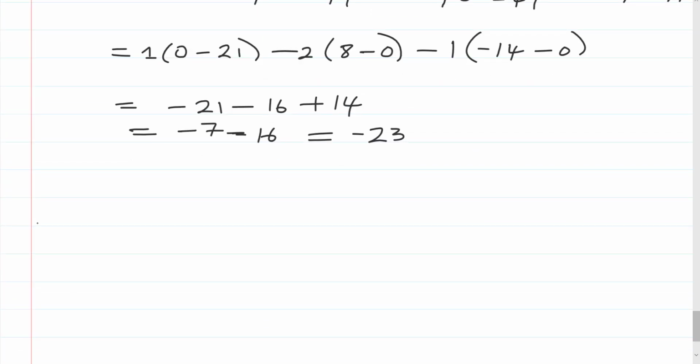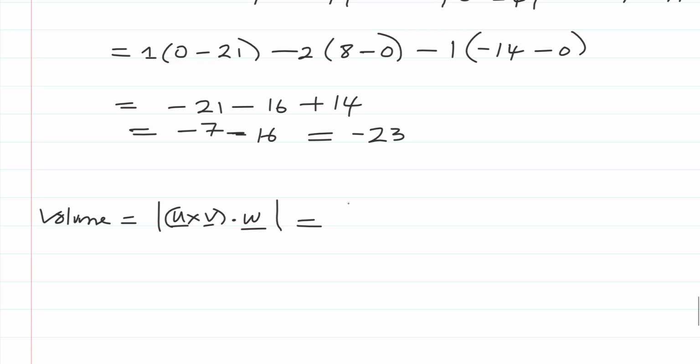But then the volume, remember, is the magnitude of the triple product. So the triple product itself is -23, so we take the absolute value of -23, which means that the volume is 23.